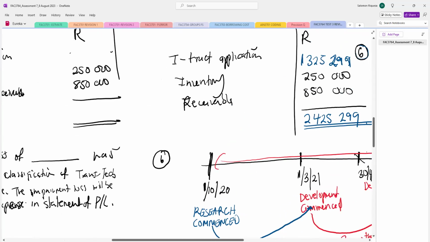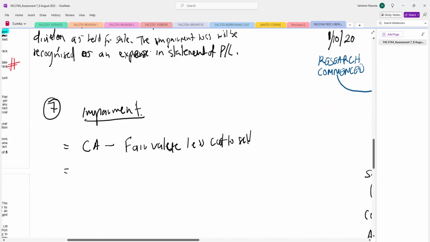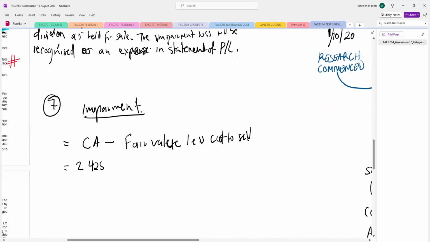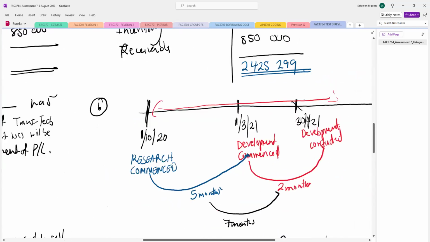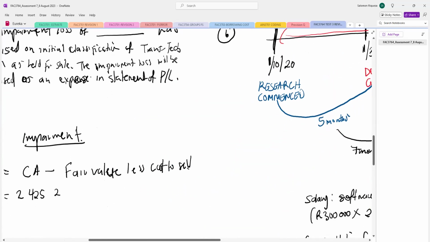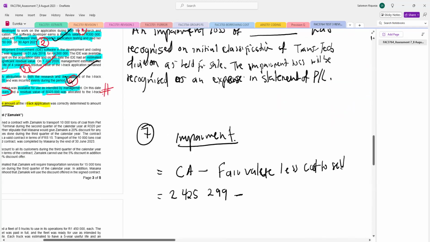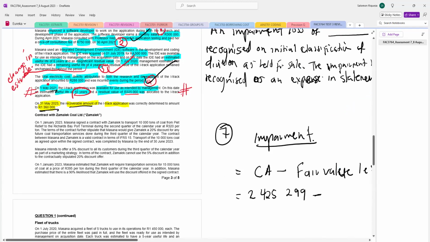My carrying amount is the total group carrying amount, 2,425,299, minus fair value less cost to sell. This was given. If we go back to the question in the beginning, it was given.